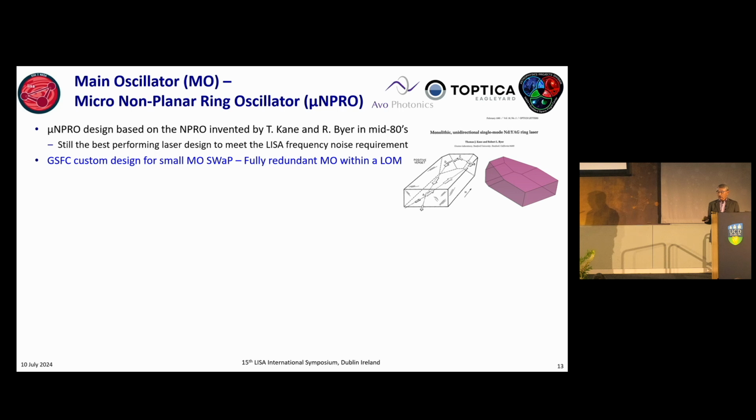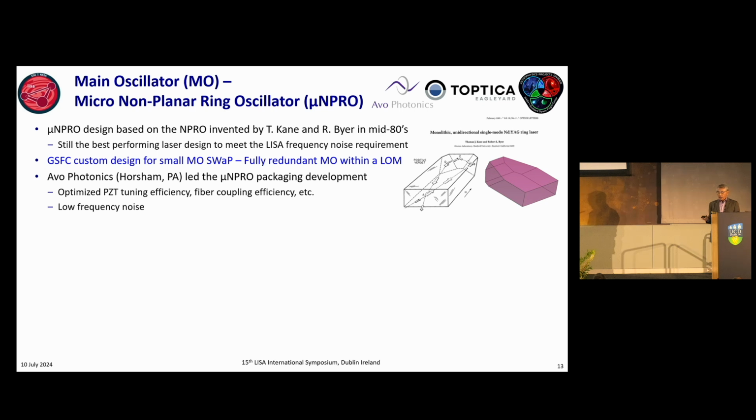And this is so that we can have a fully redundant main oscillator within our laser head to meet the lifetime requirement. And Arbor Photonics in Horsham, Pennsylvania has been leading the micro NPRO packaging development, and they have been optimizing the PZT tuning efficiency and also the fiber coupling efficiency to meet our output power requirement, as I showed in previous charts.